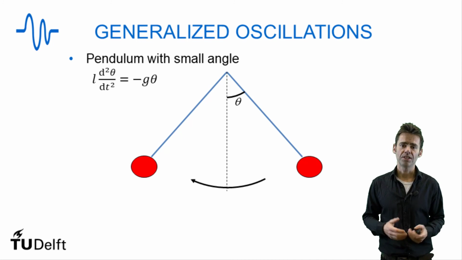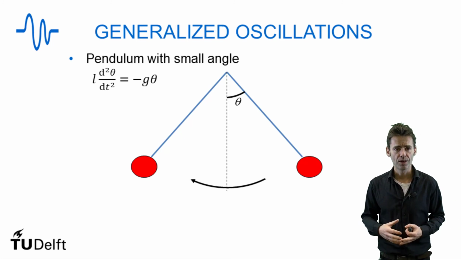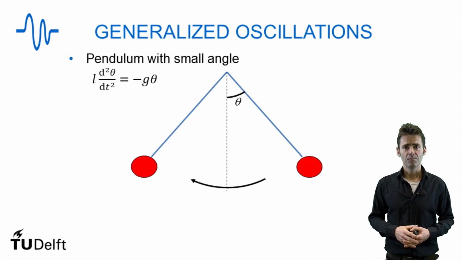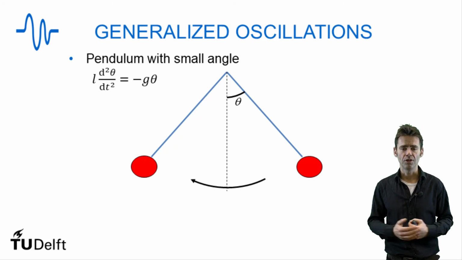As another example, you can also think about the pendulum. The pendulum is quite a complicated system, but if you solve for the force equilibrium on the pendulum under certain boundary conditions, you can show that it has a differential equation that resembles the differential equation of the harmonic oscillator quite closely.